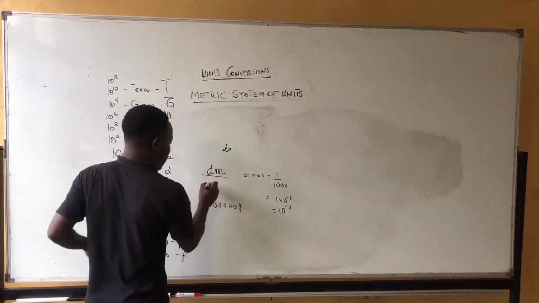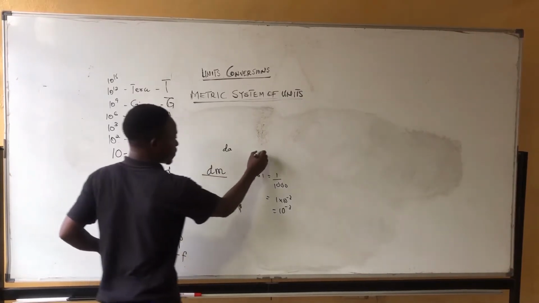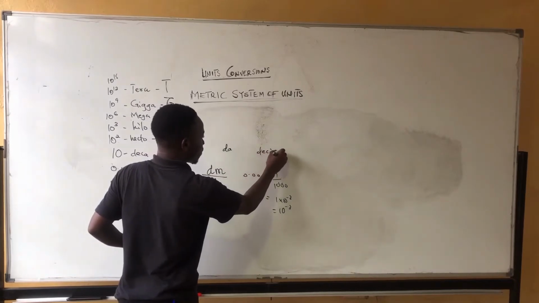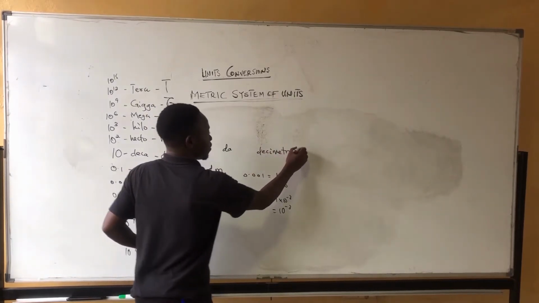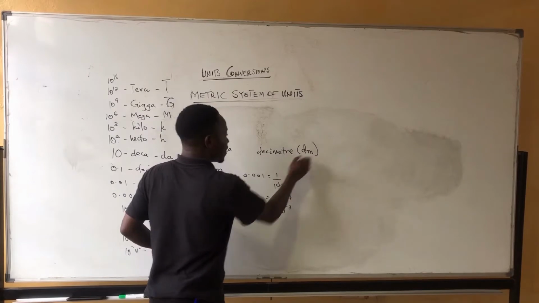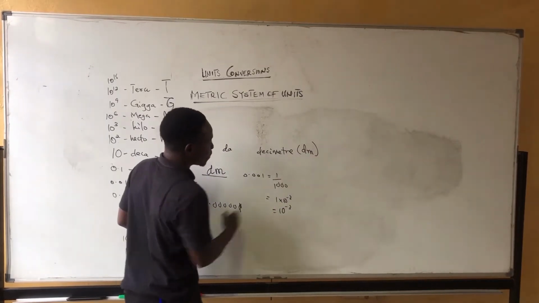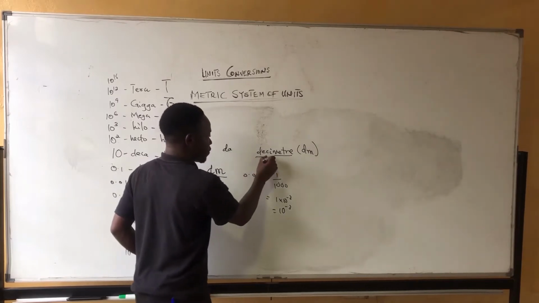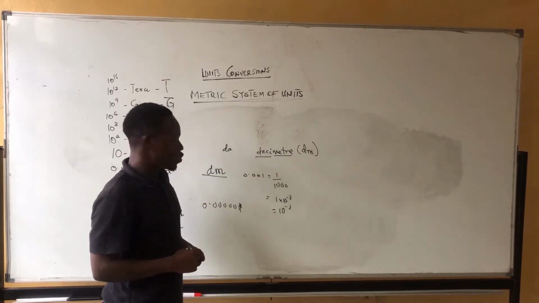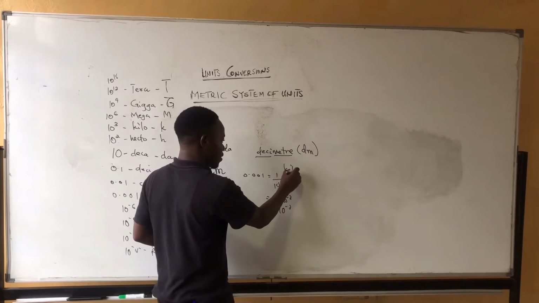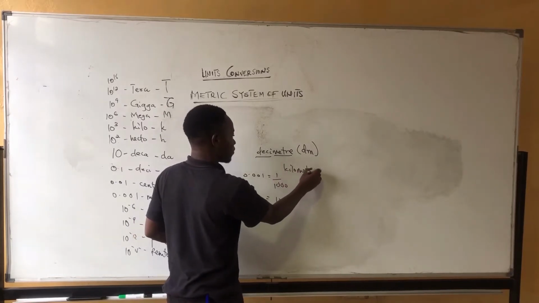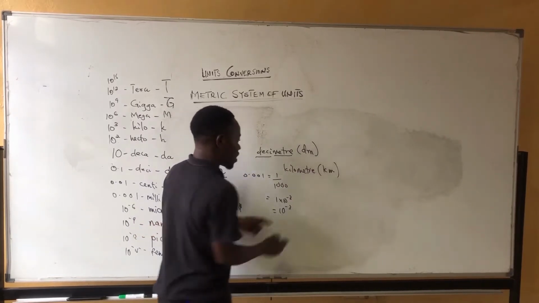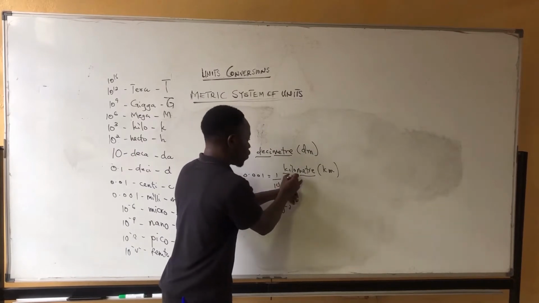So this decimeter is a unit that is formed from the base unit, meter, and a prefix that's attached to it. So kilometer, km, is just the meter with the prefix kilo attached to it.